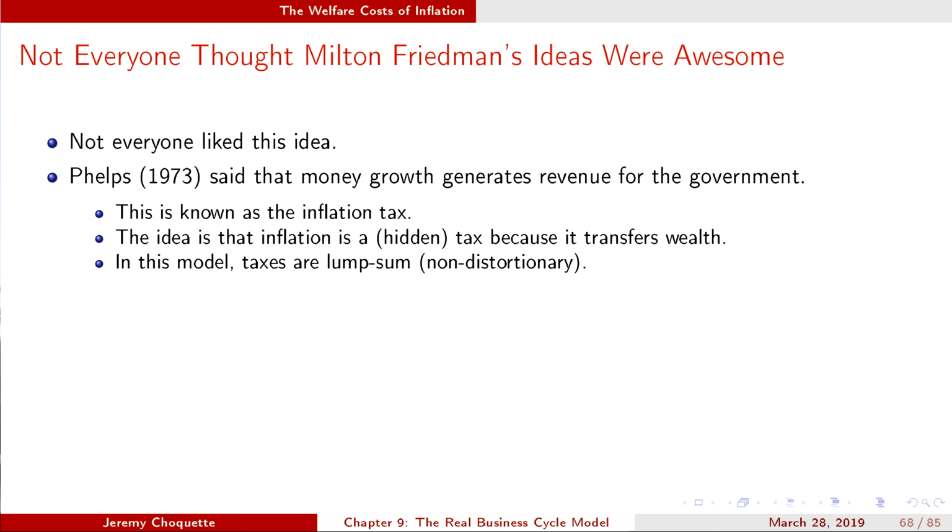A lump sum tax is basically just a constraint where some amount is going to be taxed regardless of how much you earn. It doesn't matter if you earn $1,000 a year or $100,000 a year, you pay the exact same lump sum tax. Now, that's non-distortionary because on the margin, your consumption savings decisions aren't going to change.